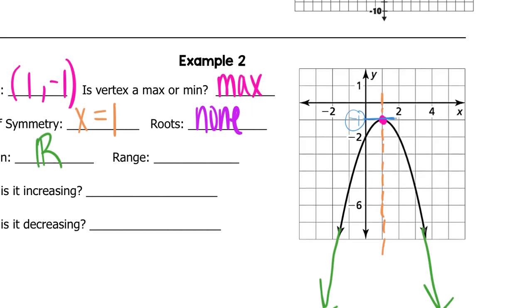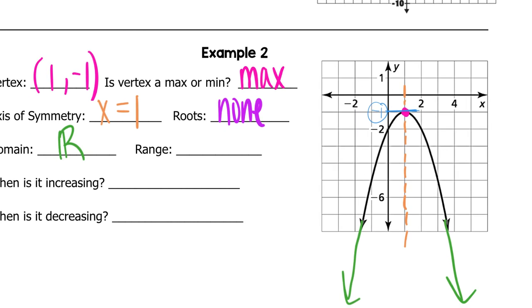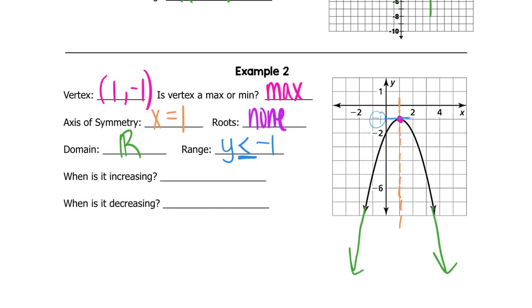But this time the graph goes down forever instead of going up forever. So we're going to say that the range is y is less than -1. So we're using less than instead of greater than because it's going down. Oh, I'm sorry, less than or equal to. It definitely has the equal to line under it because it can be equal to -1.